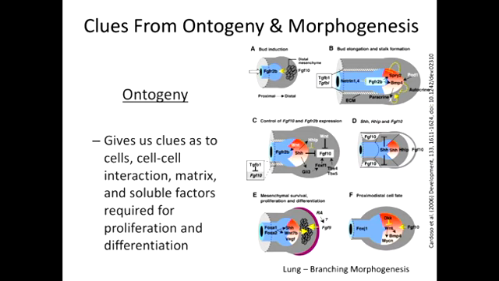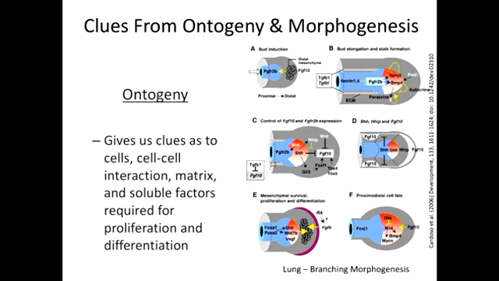So we don't always have to do this from scratch, and you'll learn that, and you will know that when you're looking to address a problem, you have a look at what's around in the literature, or you have a look at what's known already. So when we, as stem cell biologists, are trying to determine these hierarchies, these pathways, we actually can take a lot of cues from morphogenesis, so from development.